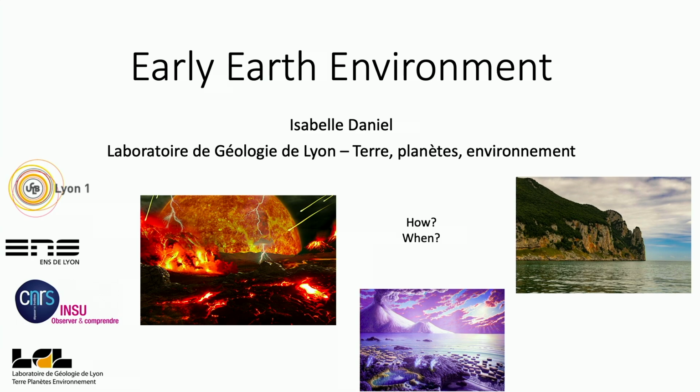The question that we're asking about the early Earth environment is, we do have this picture in mind of the beginning of the Earth, when the Earth was formed and there was an intense magma ocean. And the question is how and when we transitioned from this harsh environment to this picture, an artistic view of some of the first habitable world environments on Earth.